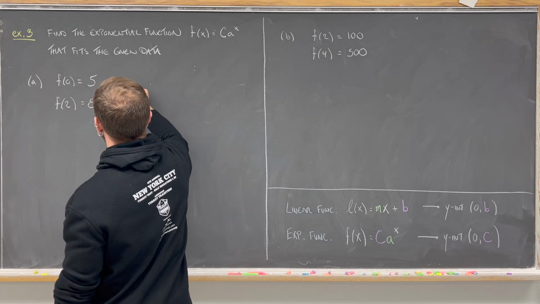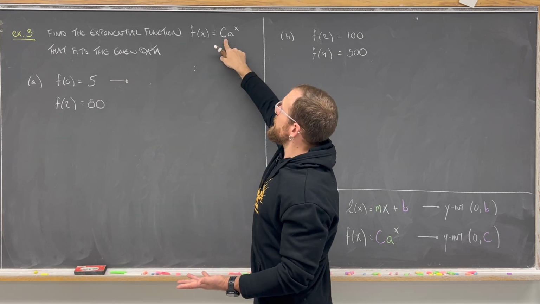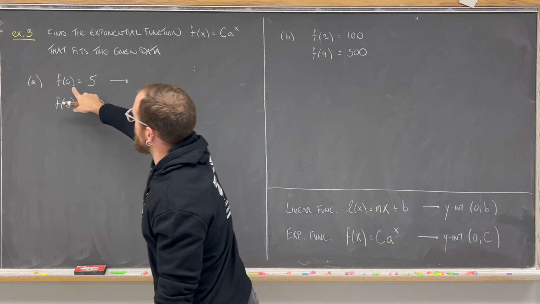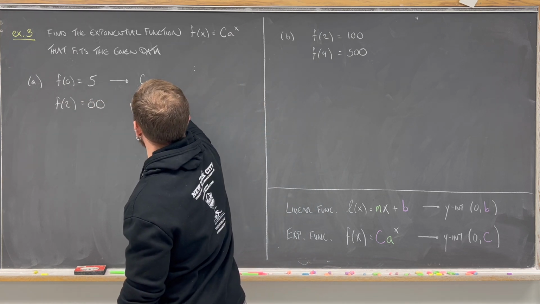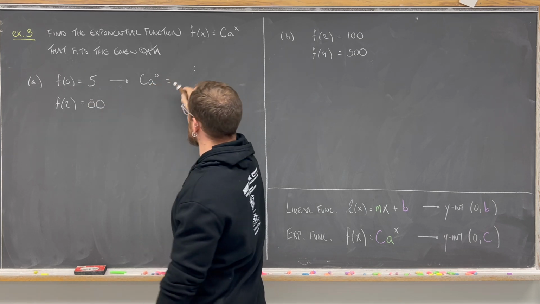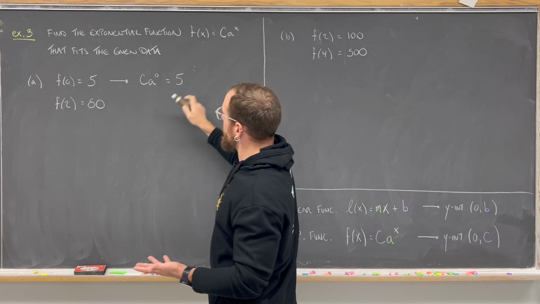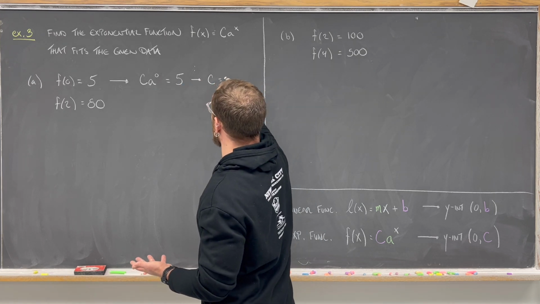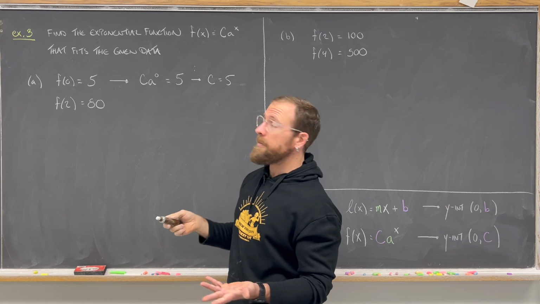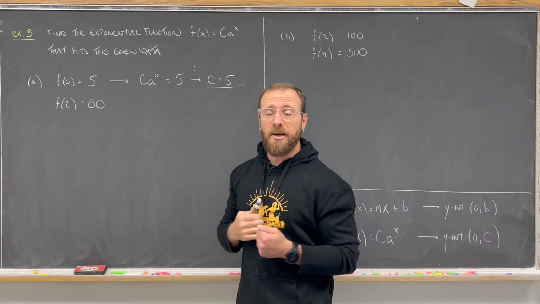When you say that f(0) is 5, knowing that f is an exponential function, f(0) must be c times a to the 0th power, and you're telling me that it's 5. Well, a to the 0th power is 1, so you're really telling me that c is 5. So I'm halfway done. I know that c is 5. If I can figure out what a is, I am done.